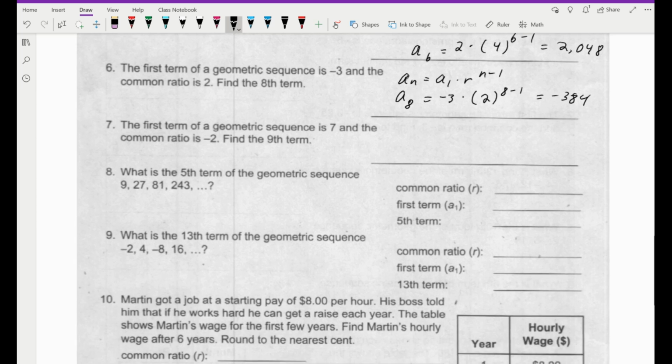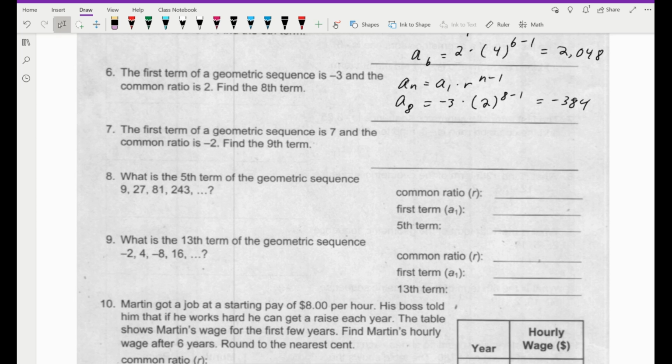Now let's look at number 7. The first term is 7, and the common ratio is negative 2. Find the 9th term. So a sub 9 is equal to the first term, 7, times a common ratio of negative 2, raised to 9 minus 1.